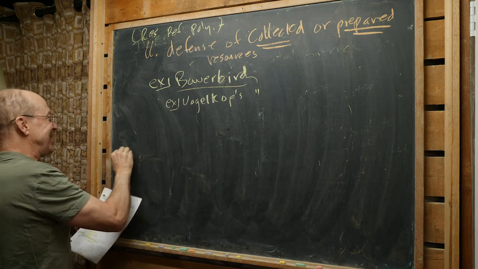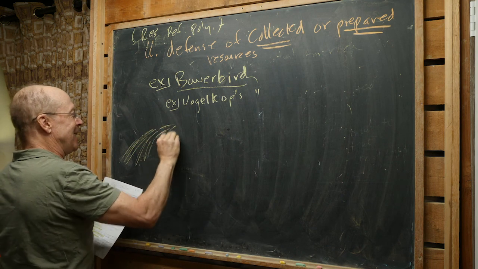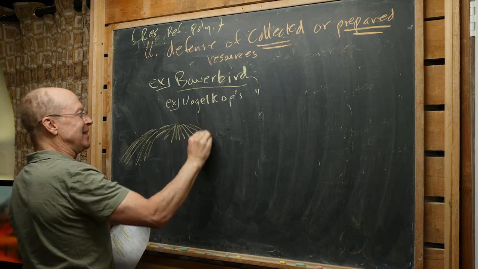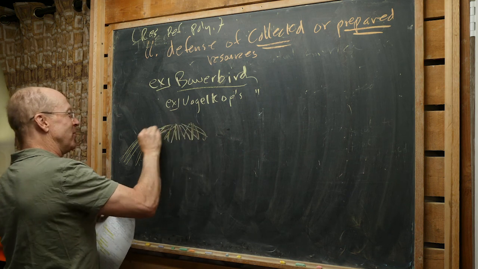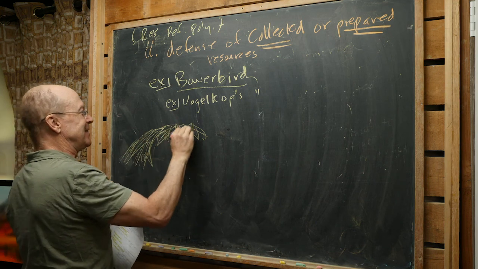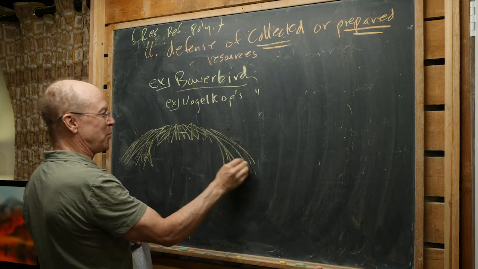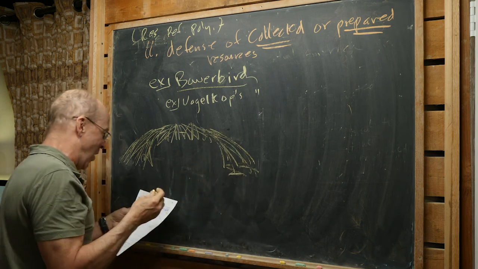These guys have this great structure that they build in the forest. It looks like a Gilligan's Island hut. This beautiful kind of carefully selected, very architecturally impressive structure. And these aren't small.